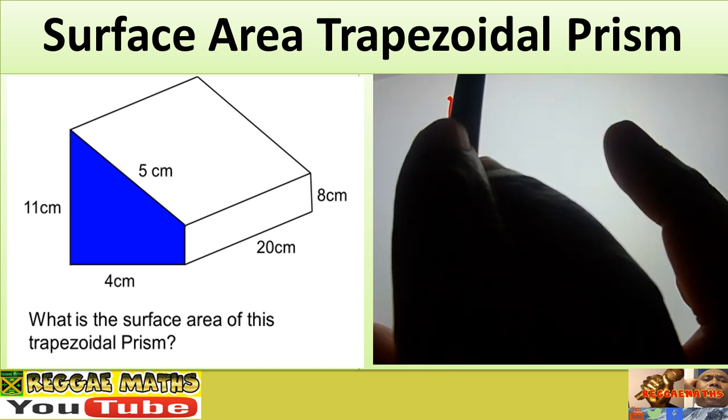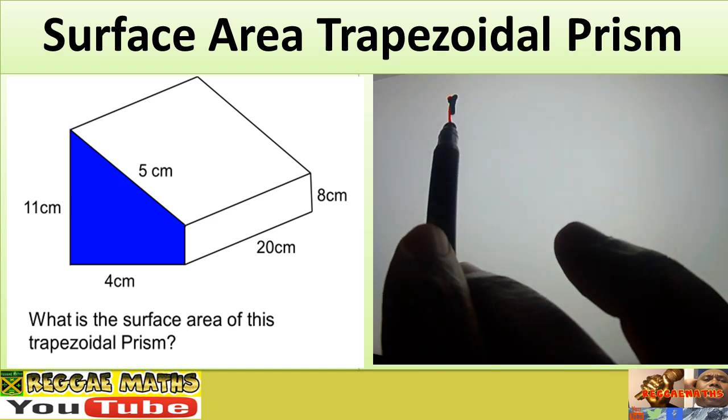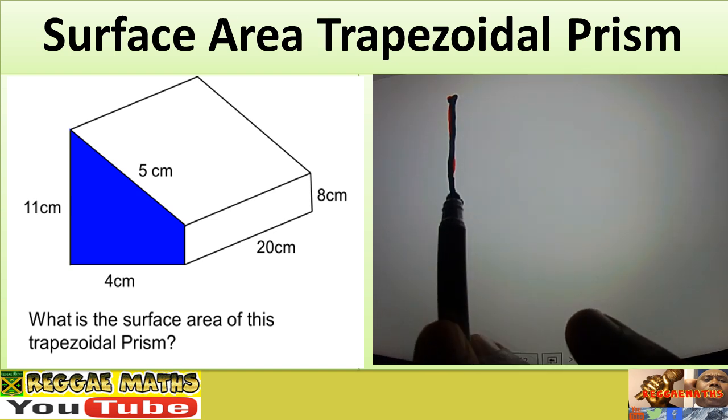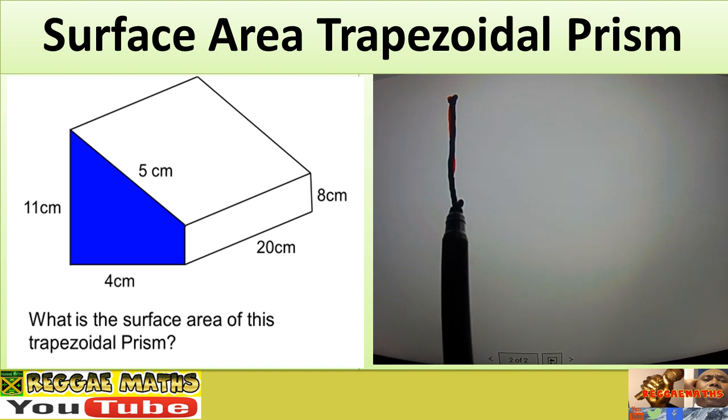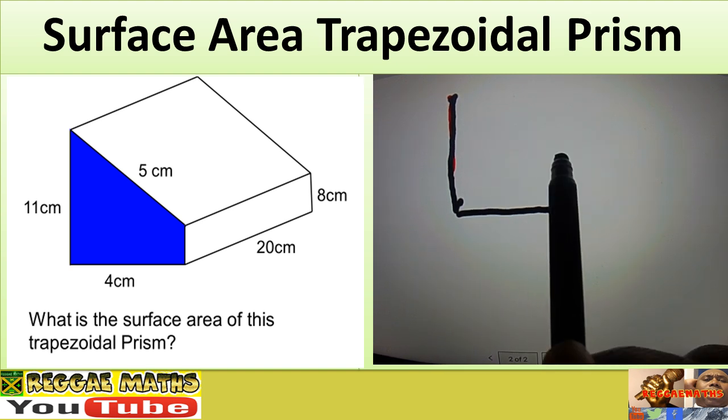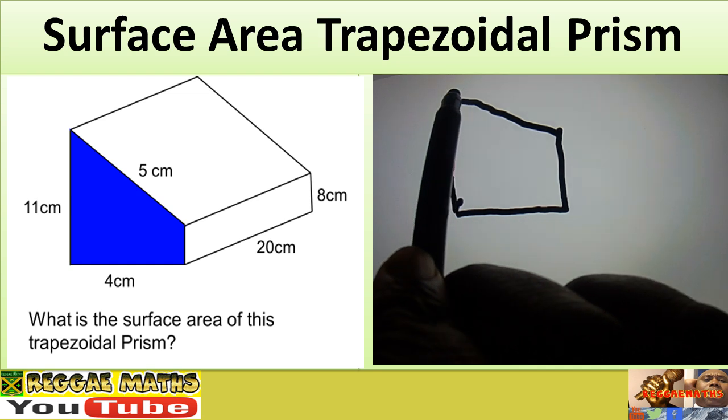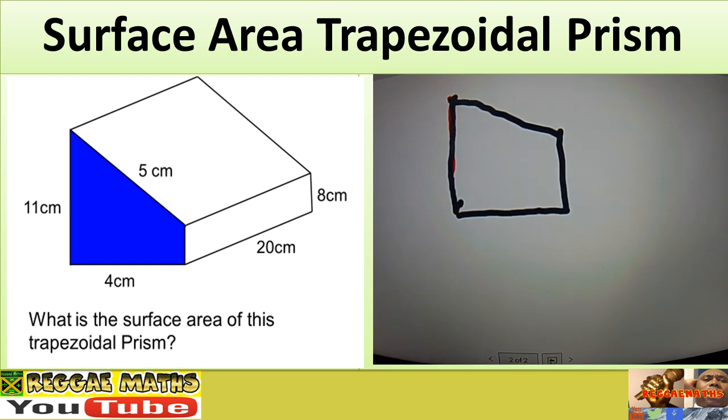So to work out the area, I'm going to sketch my trapezium first. Okay, so now I'm going to write out the figures for my trapezium, and you can see what I'm doing here. The trapezium, basically I'm saying 11 at the top here.